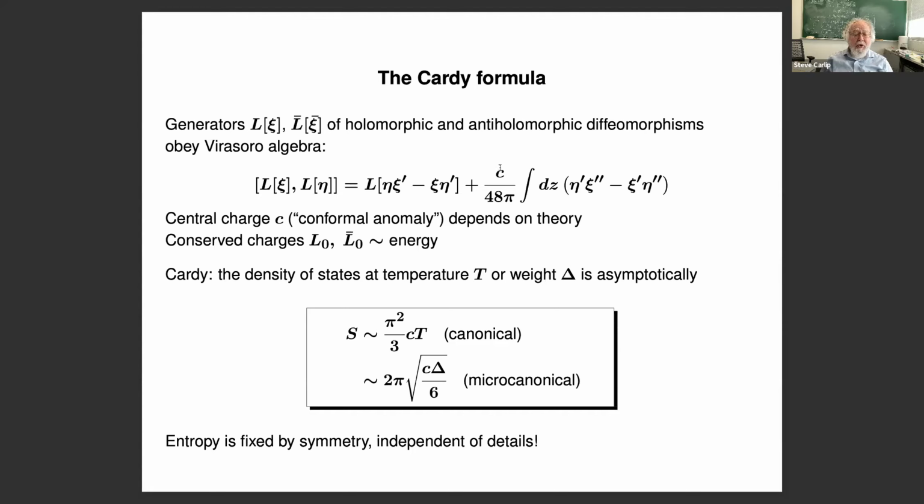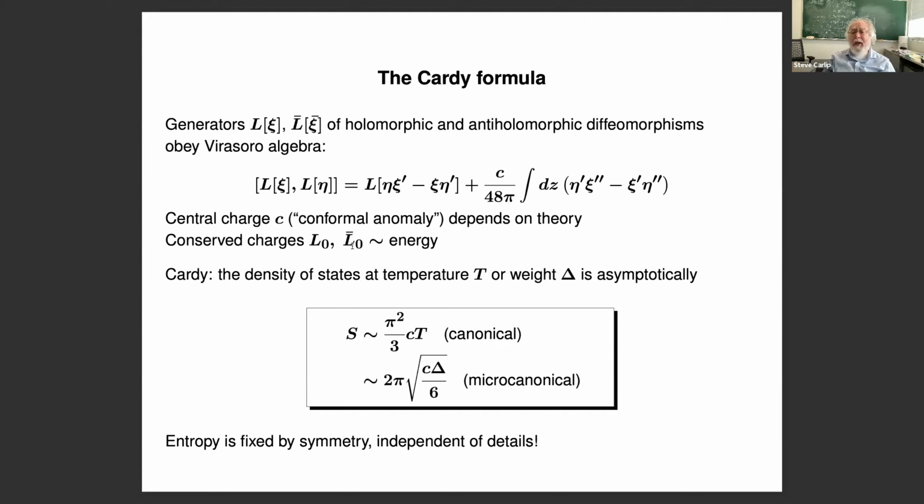So we have the central charge, and we also have a set of conserved charges that are analogous to entropy, which are just L naught and L bar naught, the zero modes of these generators. These correspond to shifts of Z and Z bar by constants.